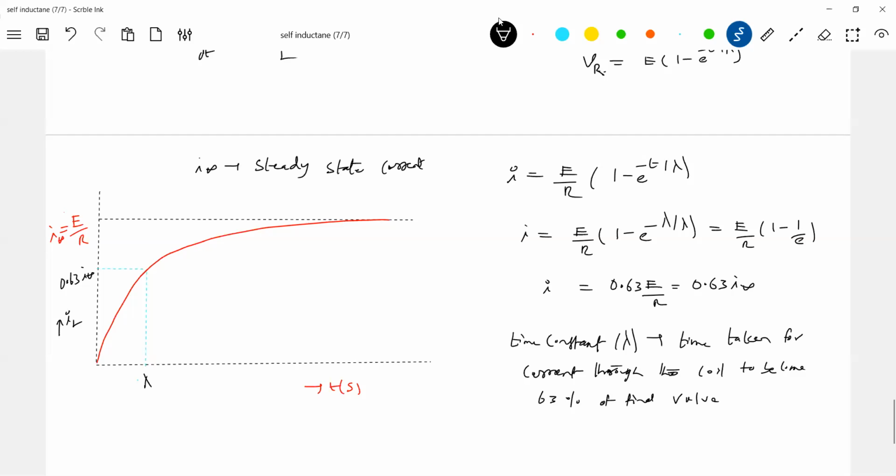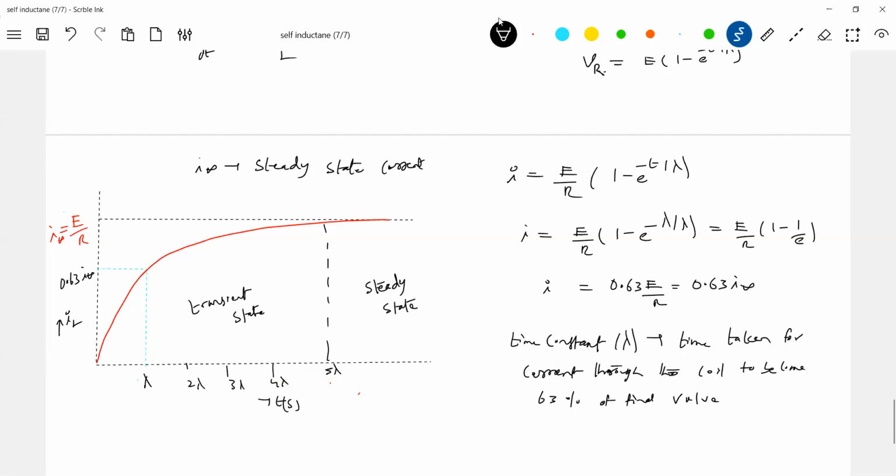We called it like this, no? 2 lambda, 3 lambda, 4 lambda. This is called the transient state. This is called the steady state.